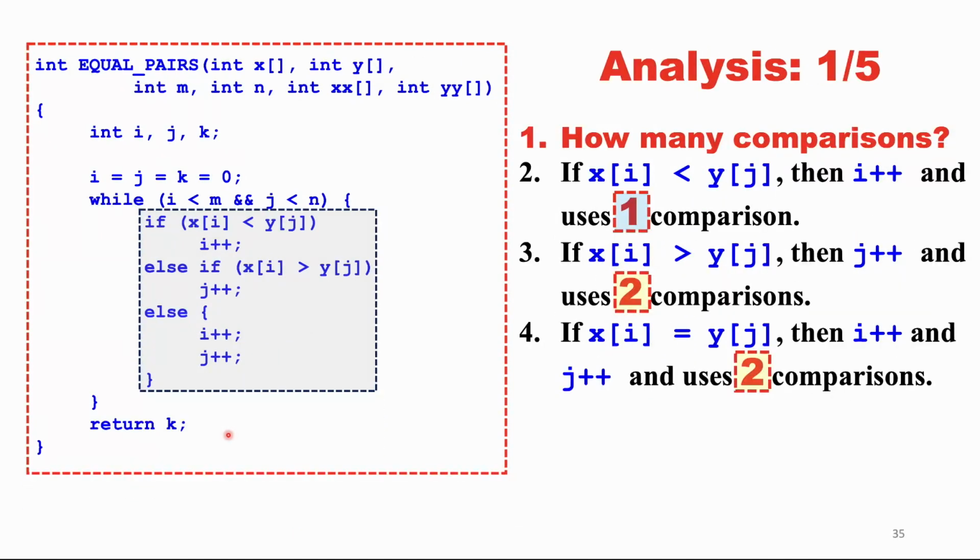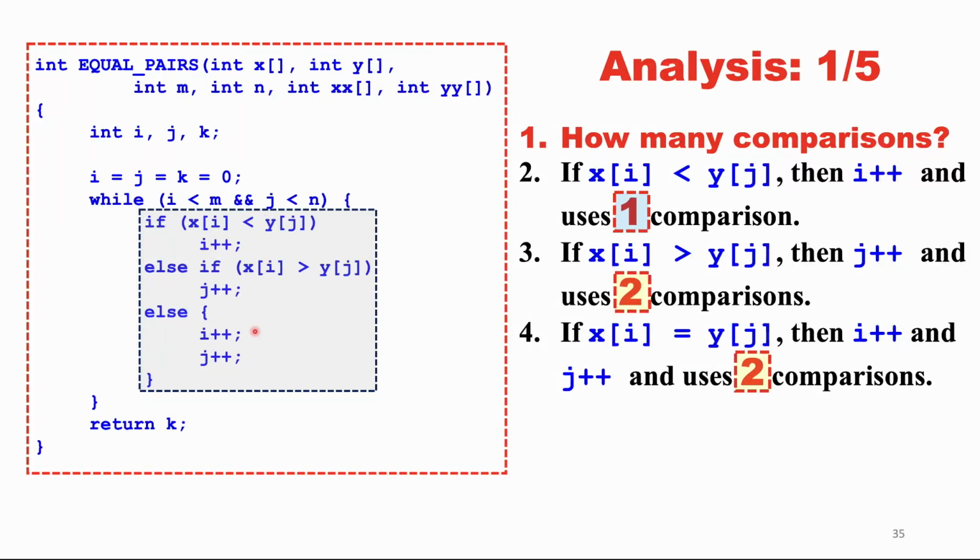Then we have to determine how many comparisons. And this is a bit more complex than the two previous not so good solutions. Look here. If xi is less than yj, then we use only one comparison. If the execution path falls to here, we use two comparisons, whether it's in the then part or in the else part.